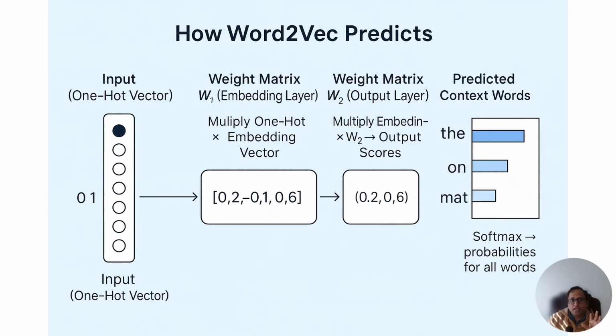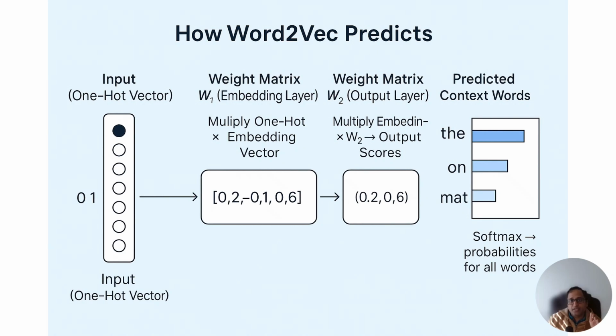You can think of it as a long list of zeros with a single one marking the position of cat in the vocabulary. This one-hot vector is then multiplied by the first weight matrix, W1. This operation simply selects one row from the matrix. That row becomes the embedding for cat. For example, it might come out like 0.2, -1.1, 0.46, like that.